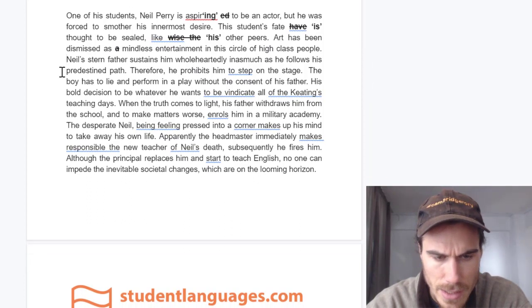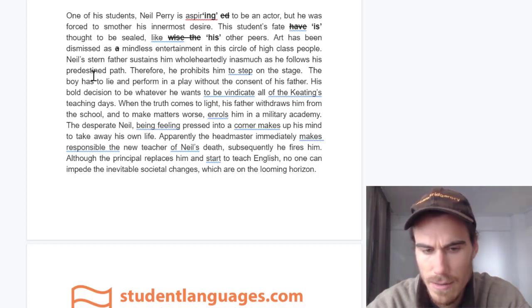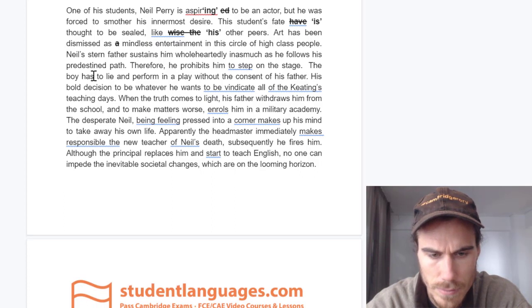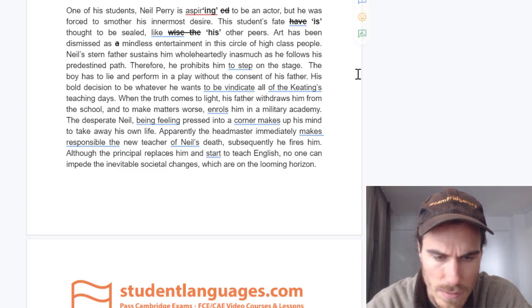Neil's stern father sustains him wholeheartedly, inasmuch as he follows his predestined path. Therefore, he prohibits him to step on the stage.